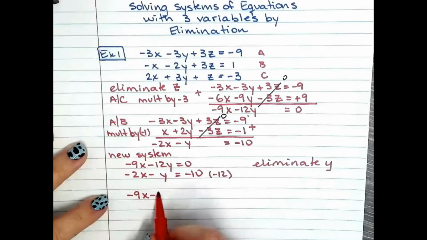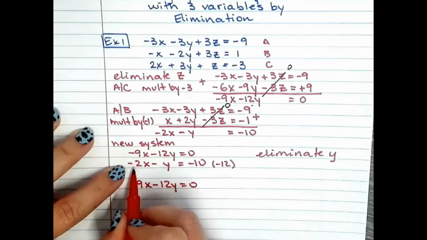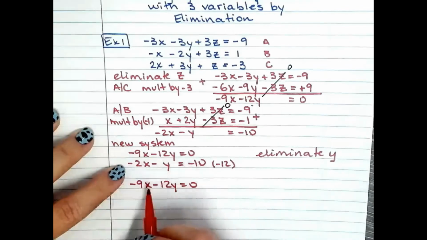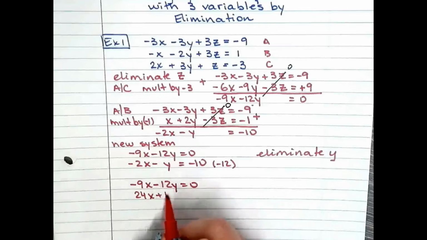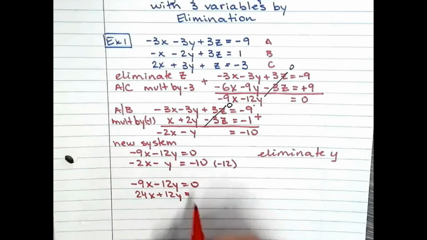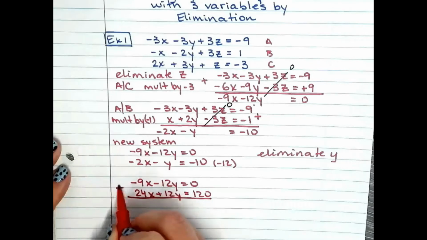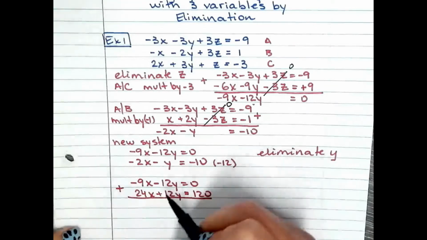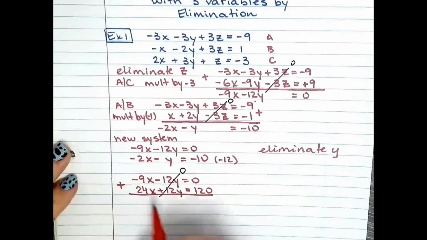The first equation doesn't change. Multiply everybody on the second equation by negative 12. Add them up. Here you got the 0y that you were looking for.